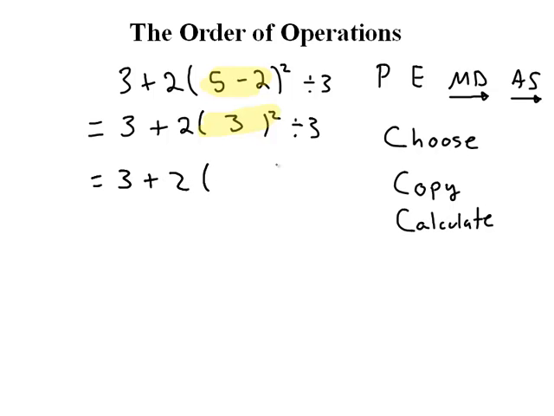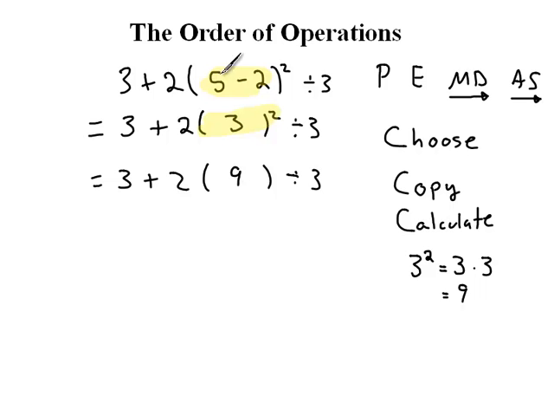I've got 3 plus 2 times whatever the result is, divided by 3. And then to calculate 3 squared, I want to remember that anytime you have something to a power, you copy down that thing as many times as the power is, and then you multiply the result. So 3 squared is 3 times 3, which is 9. And then I'll take and write that 9 in the parentheses.